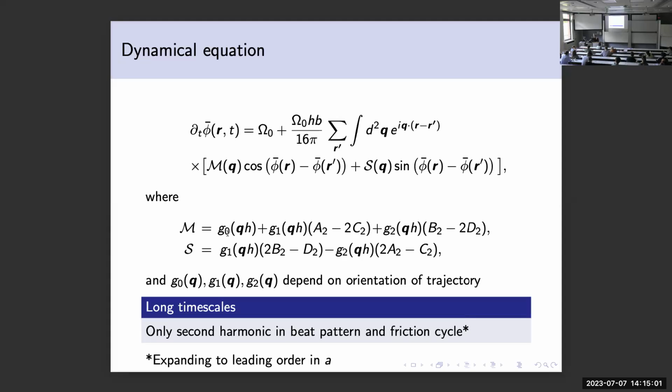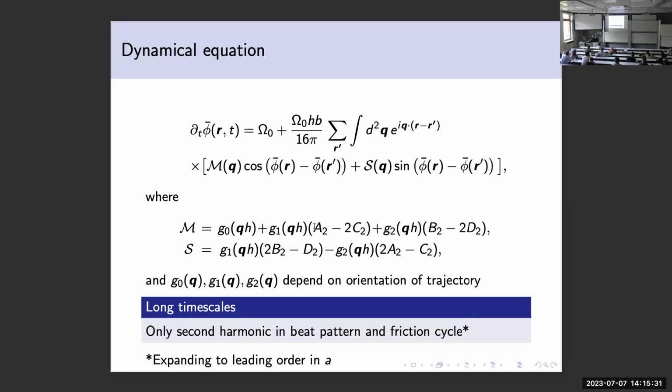But of the forcing parameters, that went into those Fourier expansions I showed you, the only one that comes up is the second harmonic. All the other harmonics in the force pattern got lost during the time averaging process. They all cancelled to zero. So the only thing coming out on long time scales is the second harmonic. And this has important symmetry implications that I will talk about in a few slides.